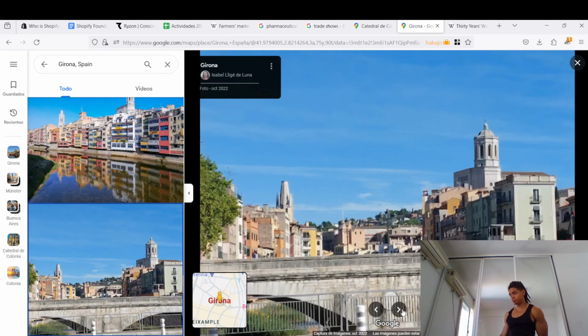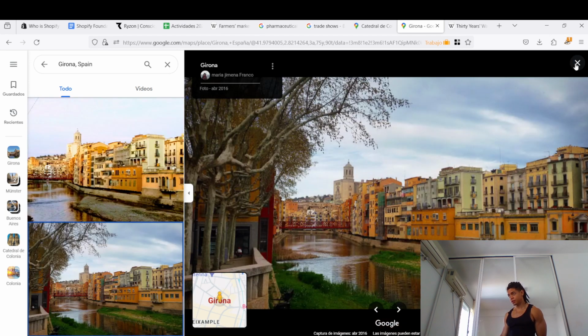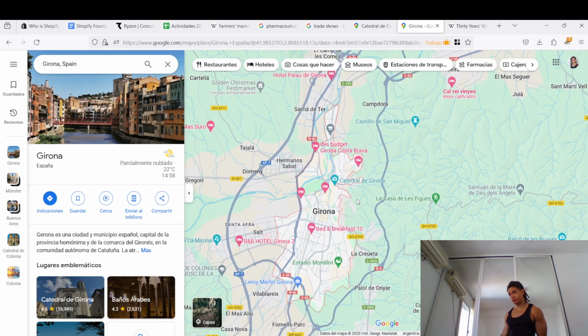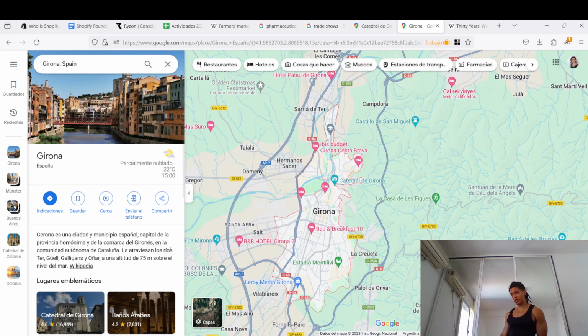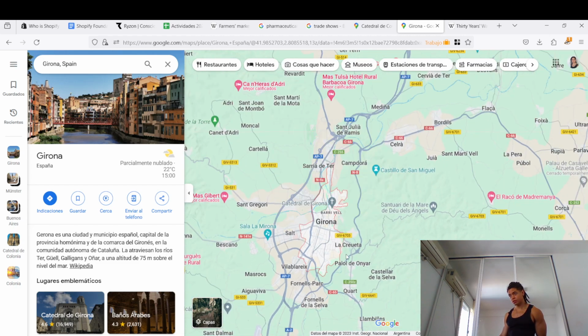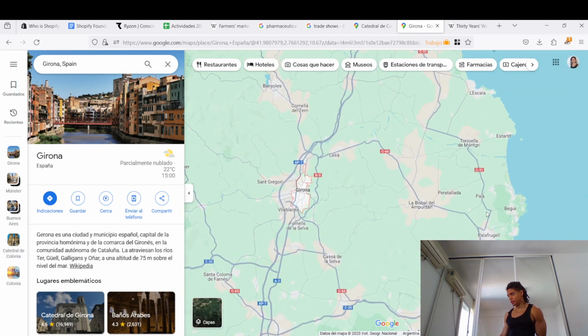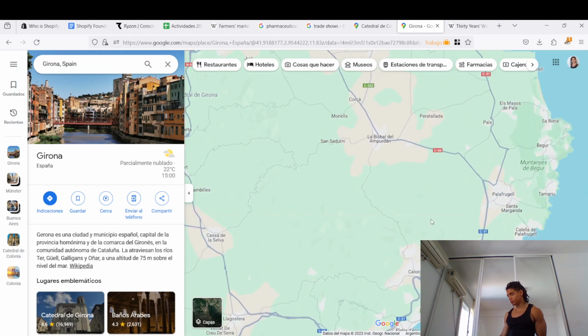It's a small town. All right. Okay. Y la comarca de Girona. Interesting.